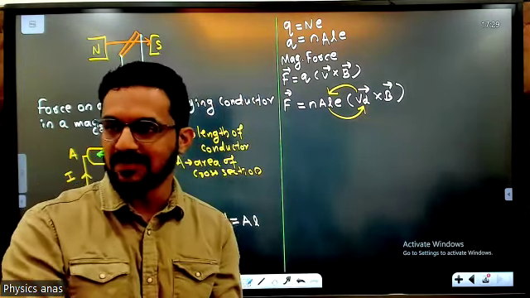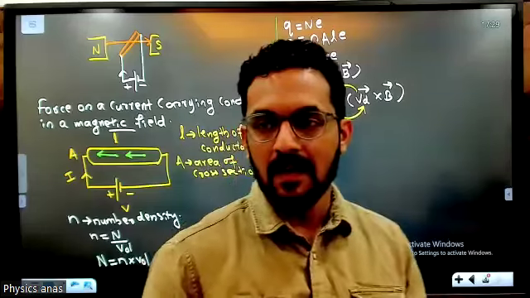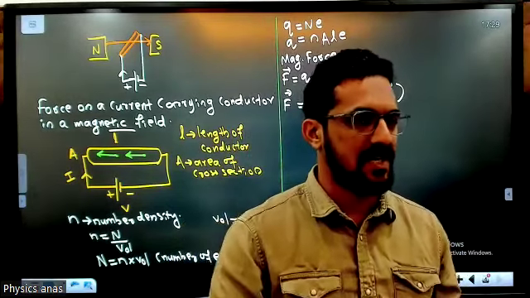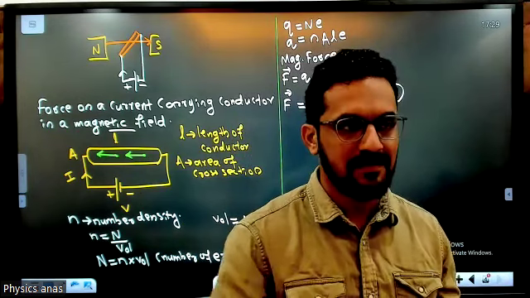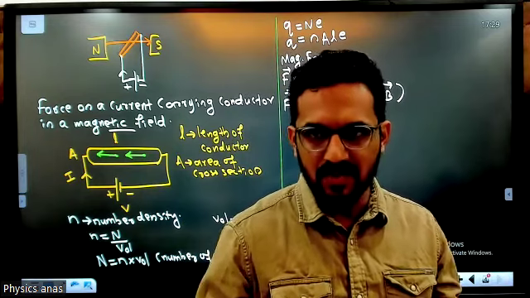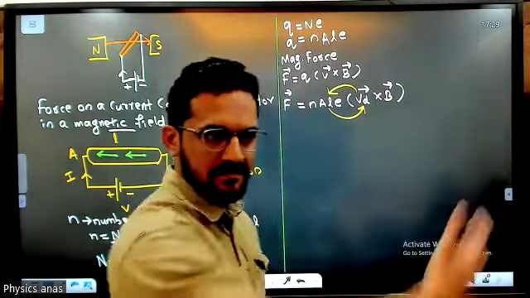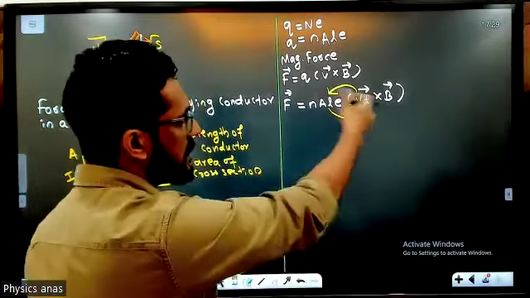As I said, the cross product will only change the direction, not the magnitude, so I can interchange the terms. That is so simple. The idea is simple. I am just interchanging the terms.